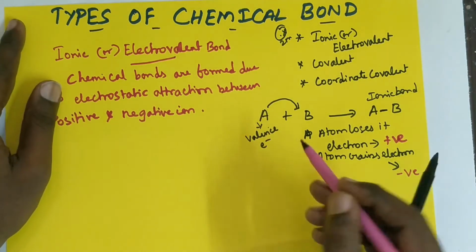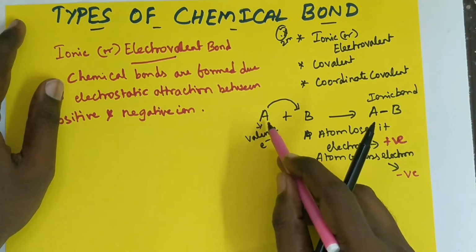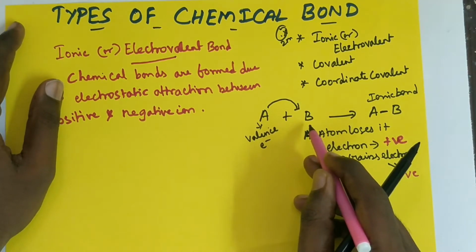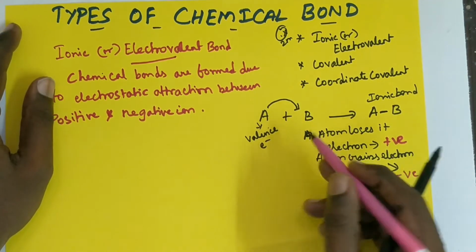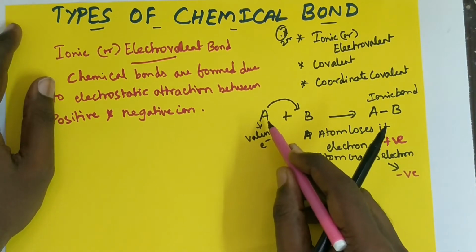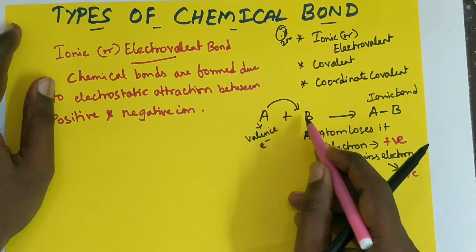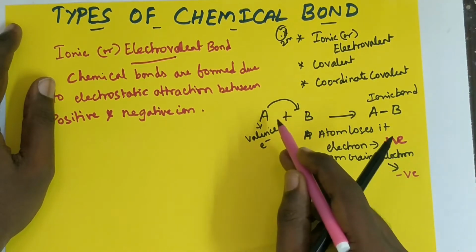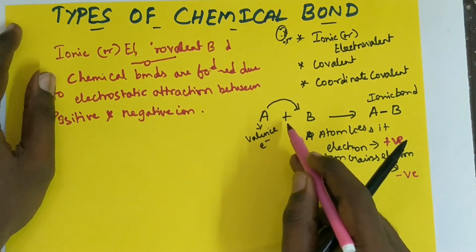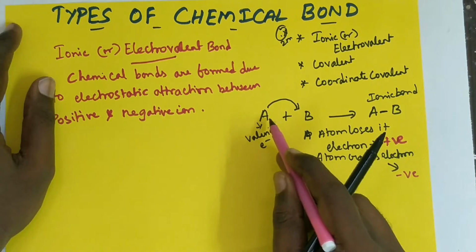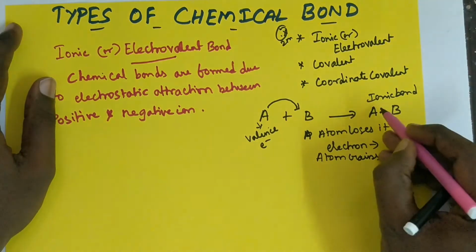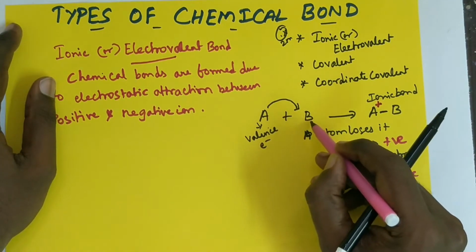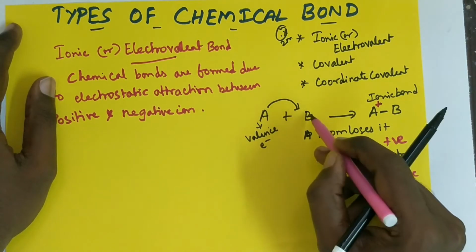So in this case, valence electrons of atom A are transferred permanently to another atom, B. So electrons are lost in A, and definitely in A loss of electron takes place. So it takes a positive charge because electrons move towards B.